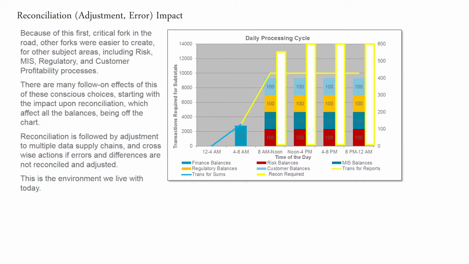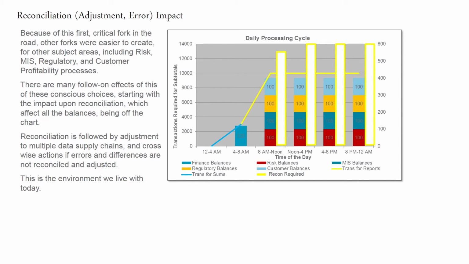What this creates is an issue between those critical balances that are made first thing in the morning and the later balances made later in the day. If there's any difference in the transactions that are taken in the balances that were created prior and rolled forward for the next day, in the way there is adjustment in the calculations that are done to make balances, if any of those things are different, then there's going to be a reconciliation difference between these critical balances we made first thing in the morning and these additional balances that are made later on in the day.